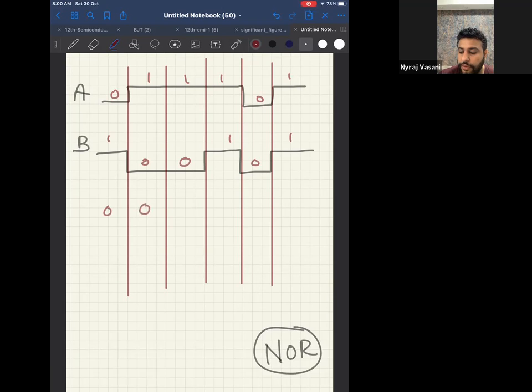NOR gate will be 0. Same thing over here. 1 and 1 OR gate would be 1. NOR gate would be 0. 0 and 0 OR gate would be 0. NOR gate would be 1. And 1 OR gate would be 1. So NOR gate will be 0. So if I have to draw the graph, it will be 0, 0, 0, 0, 1 and 0. Are you getting this answer?